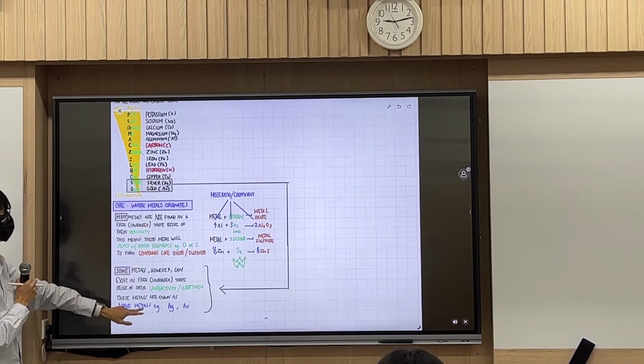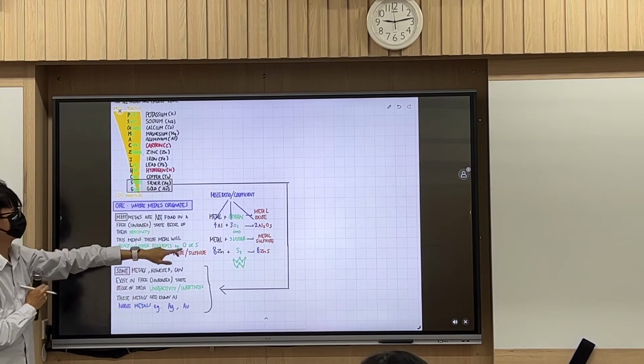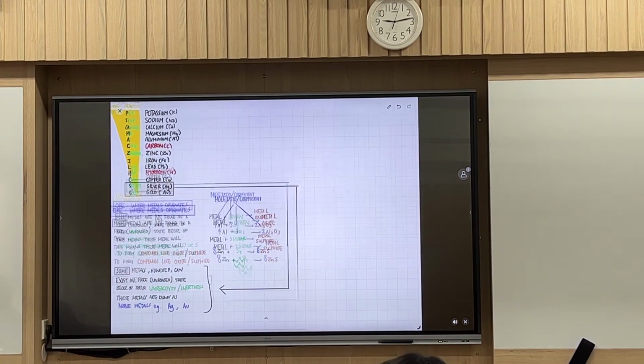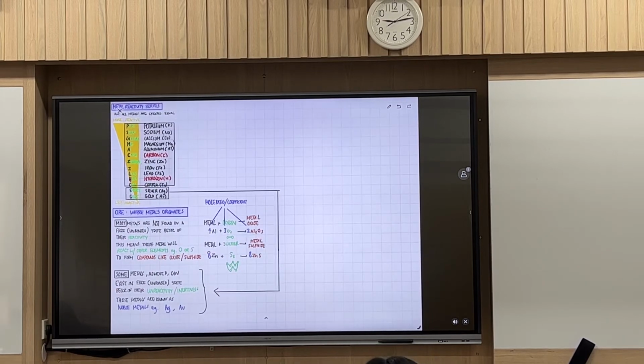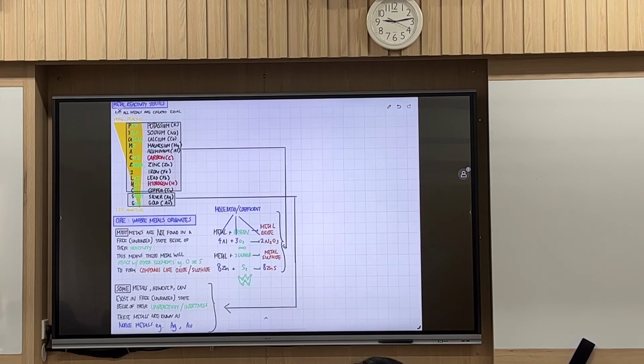They hardly react. But most metals on top will react with either oxygen or sulfur. Therefore, they are not found in the free unbound state. So these metals on top, excluding the red ones, of course, because the red ones are not metals. You can put down this is about the top metals. You can write down also a description in here.